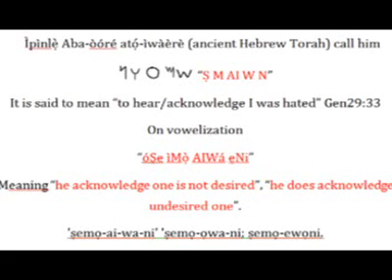Now the meaning is the same in both ways. It means he acknowledged the undesired one. Now, so Oshe Imo Owa Eni. So the kingdom among the Yorubas, the descendants of Simeon today, are the Owa kingdom.